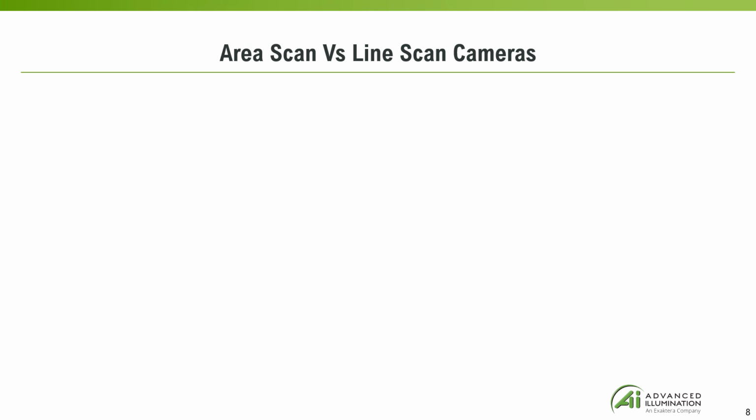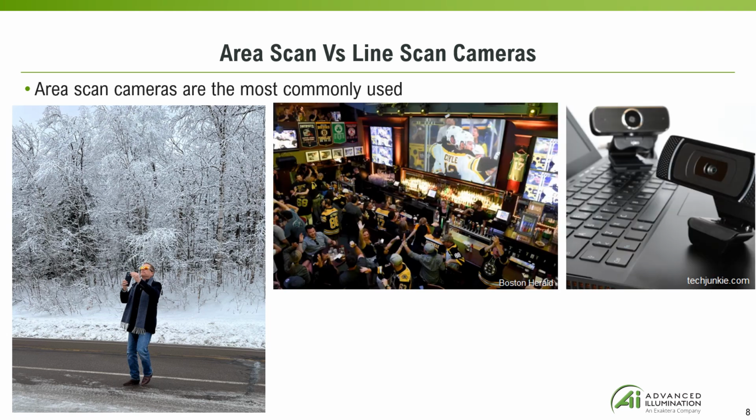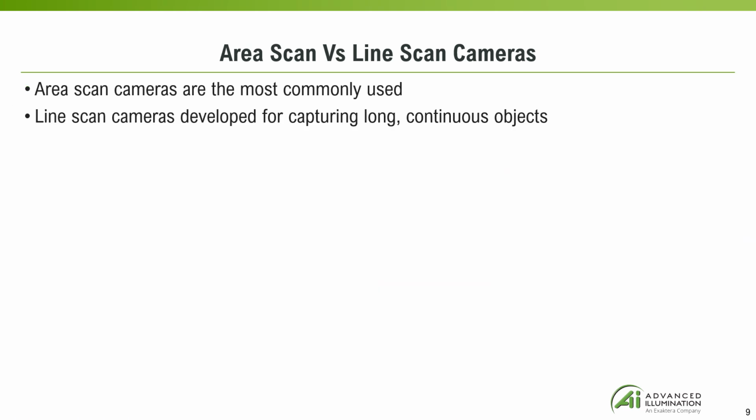To understand the need for structured line lighting, we must first understand the difference between area scan cameras and line scan cameras. Images from area scan cameras are the most familiar because of photography, television, webcams, and other similar devices. An area camera consists of a two-dimensional array of pixels with multiple rows and columns.